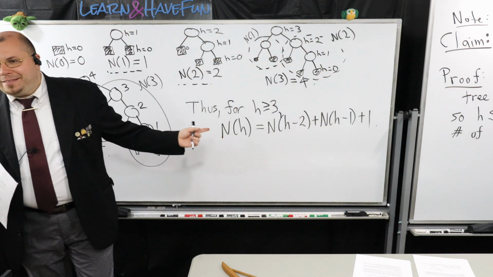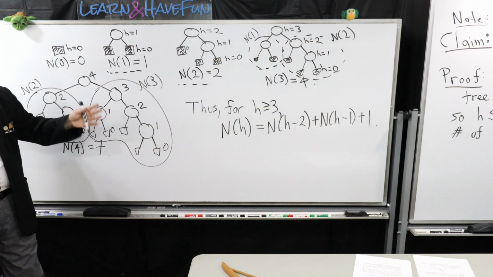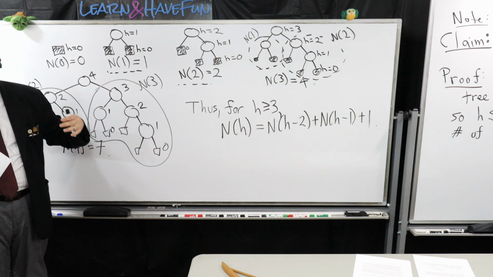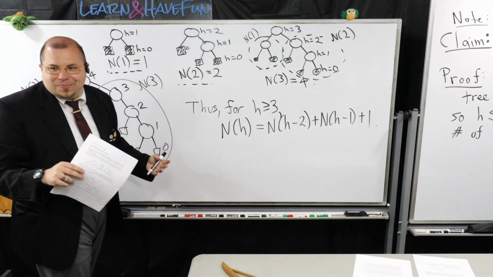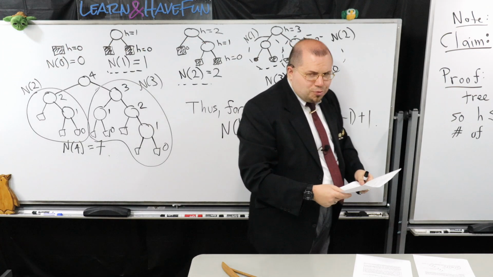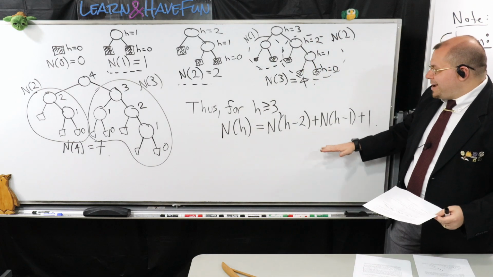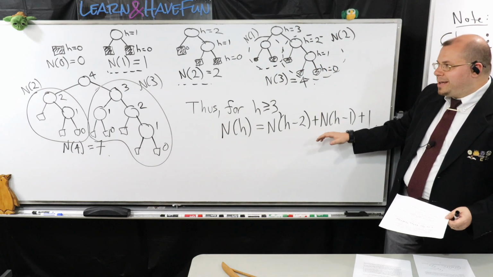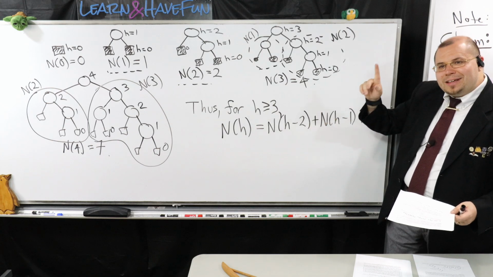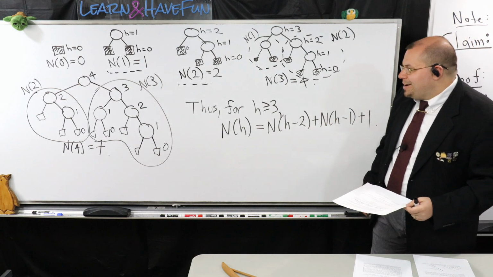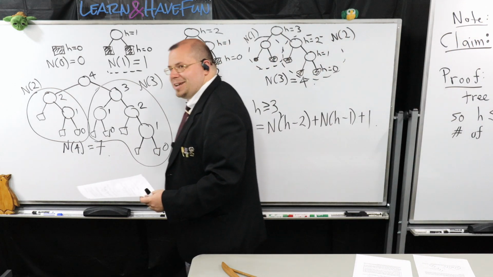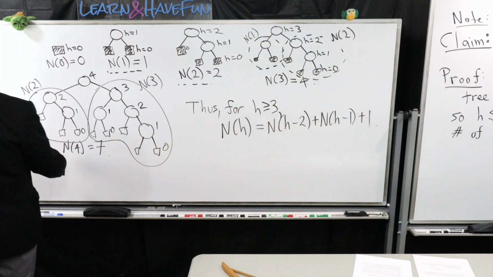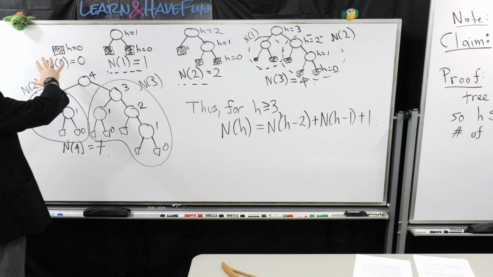So did this formula come out of magic, or does this make sense to everybody? This is just the intuition behind it. I'm not going to prove it for you, but this is actually the recurrence relation that describes the minimum number of internal nodes an AVL tree can have, where you can define its base cases for these smaller values here.